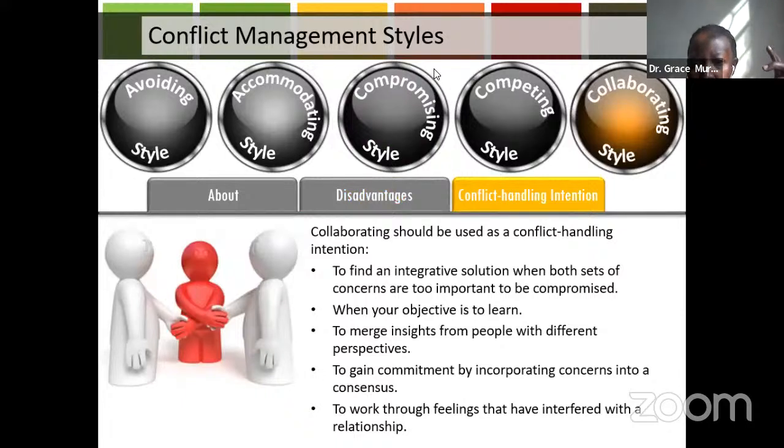I mean, you have to agree to sit, talk, agree, disagree, maybe even call it a day, say let's go home and continue thinking and meet another day. So it can be time consuming. It is only good, and we use it, when you have enough time to keep discussing this issue and looking for the best solution. But it is the best style because we actually solve the problem, not the symptoms of the problem. We solve the problem behind that.